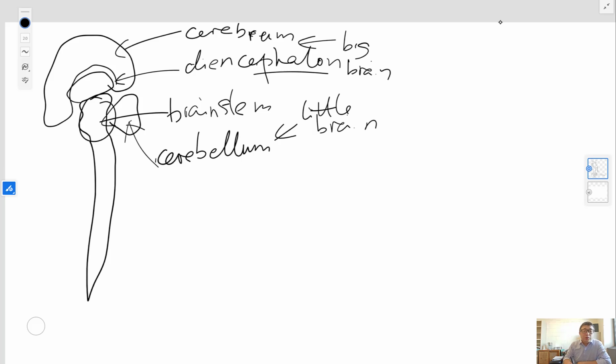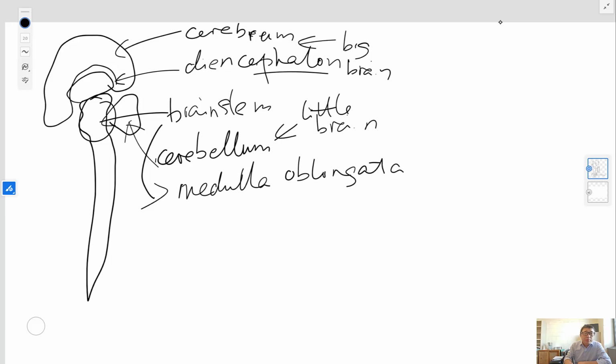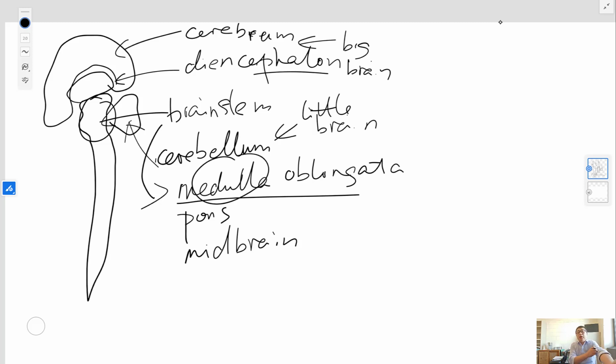Let's start with the brainstem. The brainstem can further divide into three parts. The very lower part is called the medulla oblongata, and then the pons, and then the midbrain. The medulla oblongata, in some cases we'll just call it medulla, has many similarities to the spinal cord.